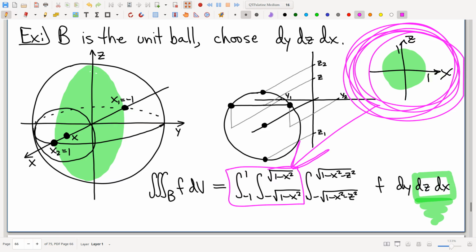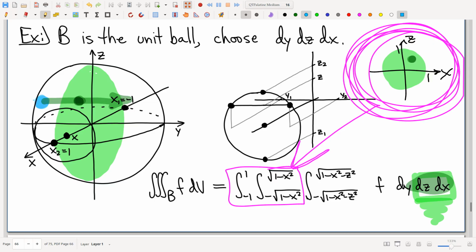Okay, that said, now what are my y bounds? Well, I'm going to have to fix values of x and z. So I'm going to pick some point in that shadow, some value of x and z. And I'm just going to think about, where is the starting value of y going to be?